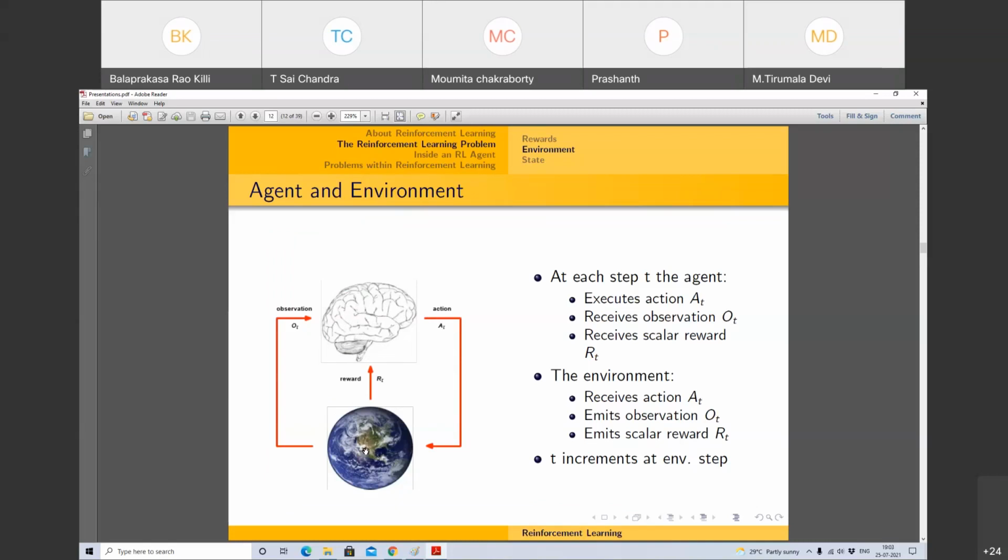Similarly, the environment gives observation and reward. The environment also uses this history to return this observation and reward. So basically, the agent uses history to decide its next action, and the environment uses history to decide the reward and observation corresponding to the action.